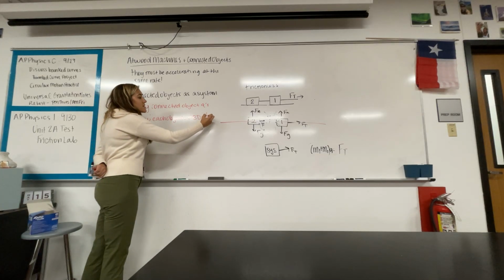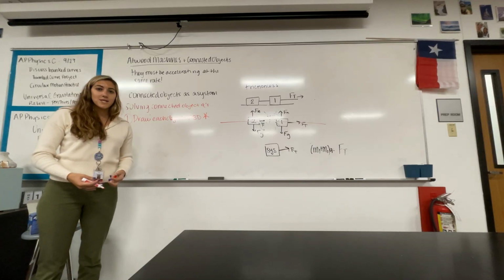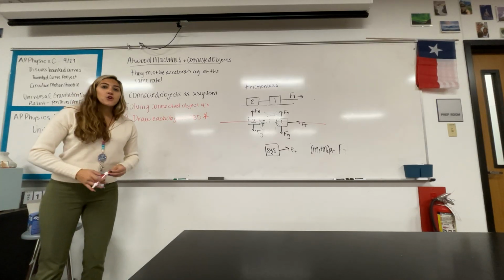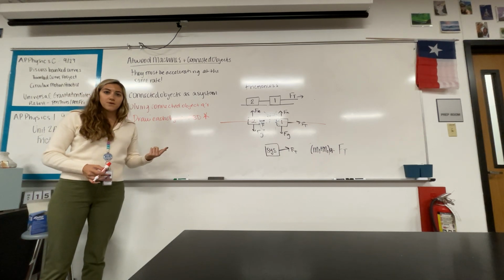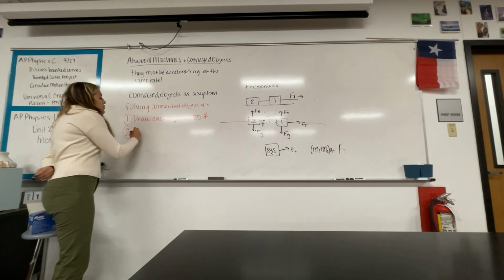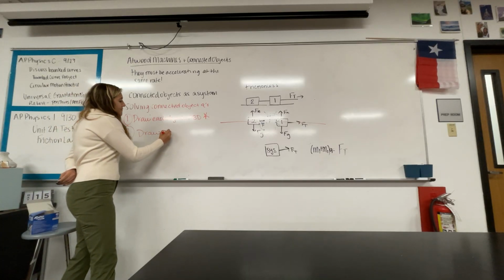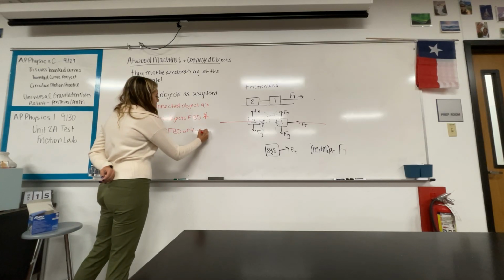You're going to do this as you start with these types of questions. Eventually, you will get to stop doing that step because you'll understand how these work. But for now, do that step. Step 2, draw a free body diagram of the system.